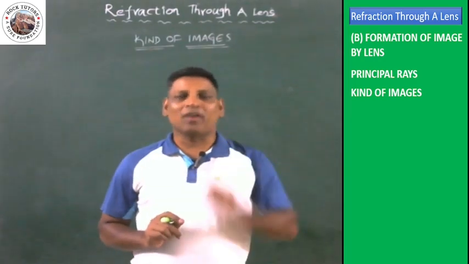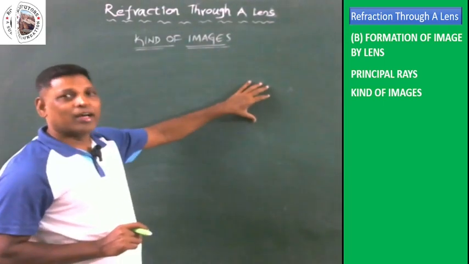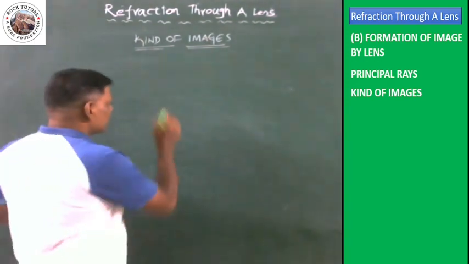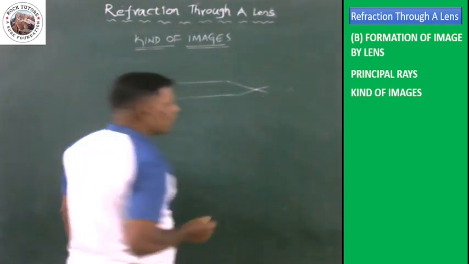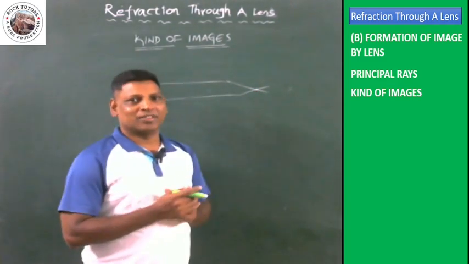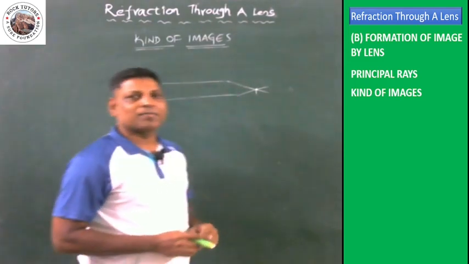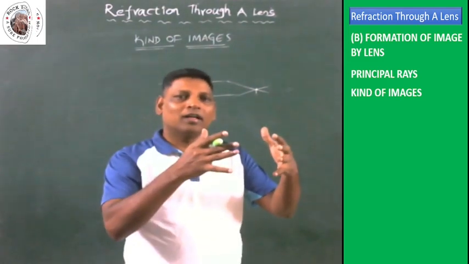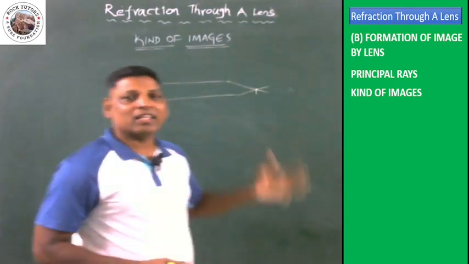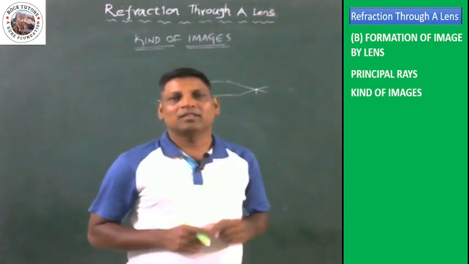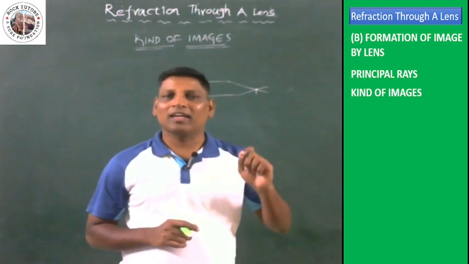When will an image form? When rays after refraction meet at a point, suppose they meet here, this point we call an image. Maybe the refracted rays really meet at the point, or maybe if I extend them backwards, they meet at a particular point. That point is called an image.